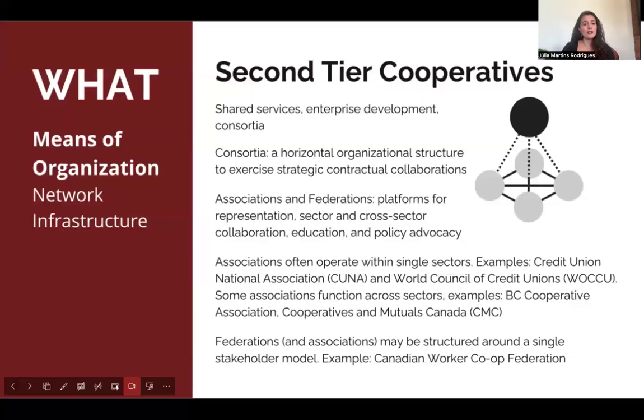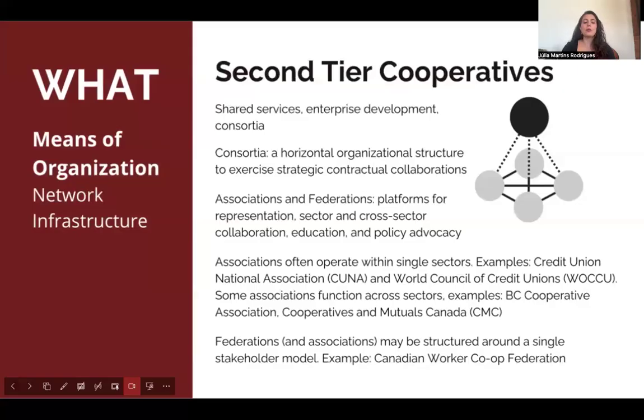Second-tier co-ops can also take the form of associations or federations, focusing on representation, collaboration, education, and policy advocacy. Member co-ops maintain their autonomy but come together for strategic alignment and movement building. These organizations are typically structured as sectoral, regional, national, or supranational bodies.